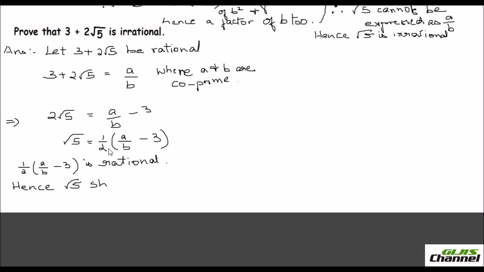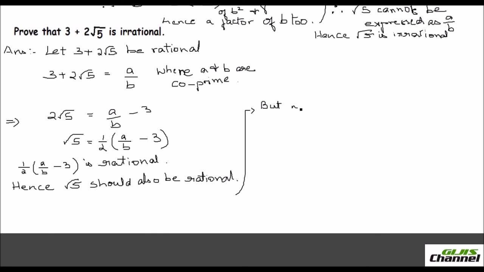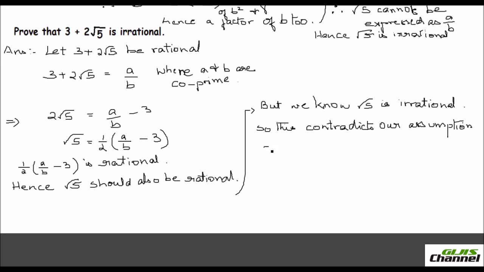Only then they can be equal, right? But is root 5 rational? No, right? But we have already proved root 5 is irrational. So this contradicts our assumption that 3 plus 2 root 5 is rational.